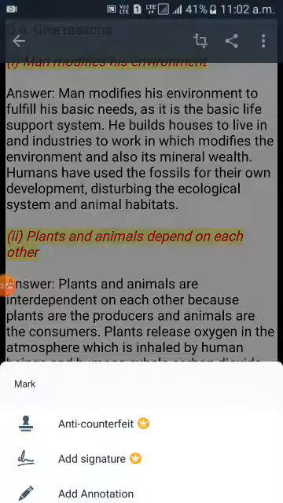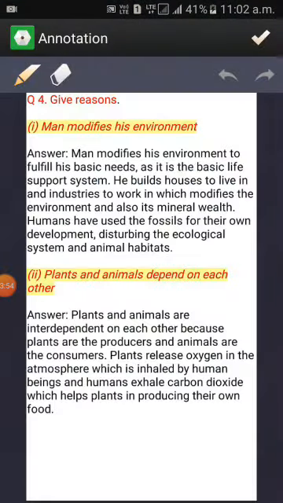One other question is there. Give reasons. We have to give reasons in support of these statements. First statement is man modifies his environment. That means a living organism, that is man, while interacting with the components of the environment, keeps on modifying it, changing it.